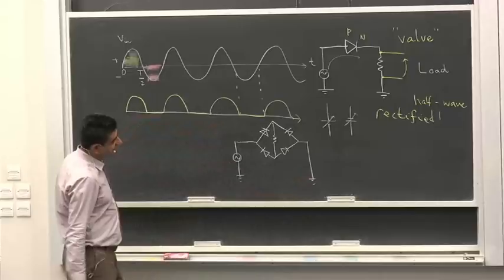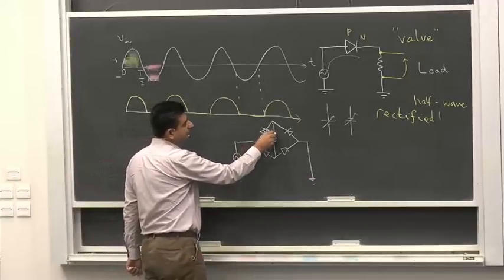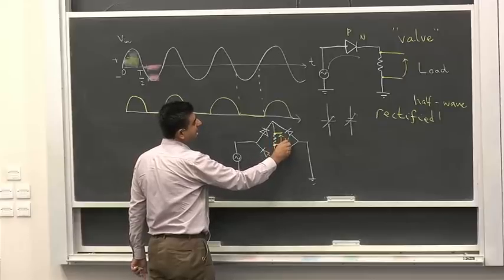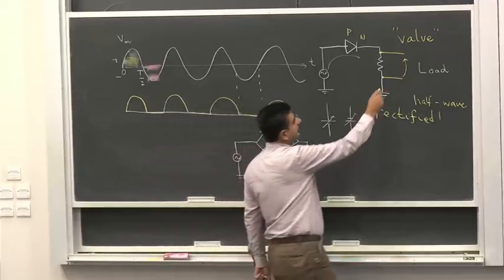So this is what my circuit looks like, and I am tapping off the voltage across this load resistor. This is what I am measuring. This is my V measured.